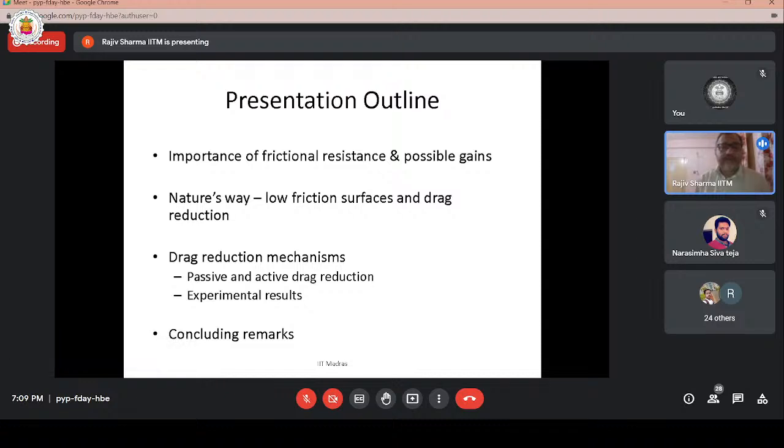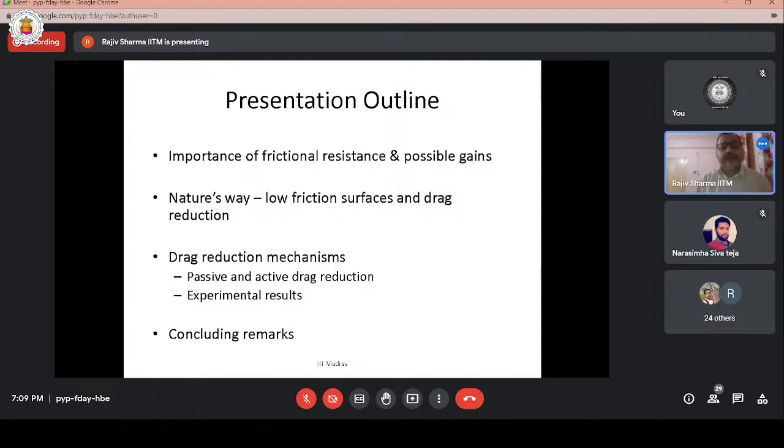You have propulsion concepts coming from biological sciences. You have other computing philosophies coming from biology. Modeling, DNA computing coming from biology. So in drag also, biological influences can be found.